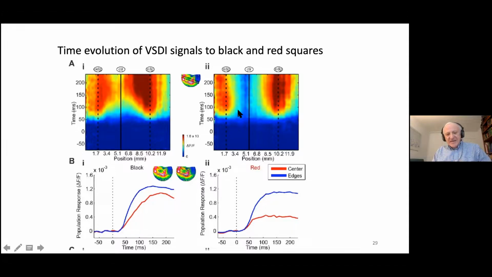There's not some internal image that the homunculus can look at, but in fact, what's encoded is patterns of filtered versions of the world which need to be interpreted. And so perception is not at all just driven from the outside, but in fact you need to take what the neural response is and do some kind of thinking about it in order to know what you're looking at.